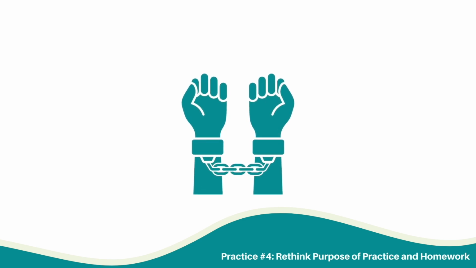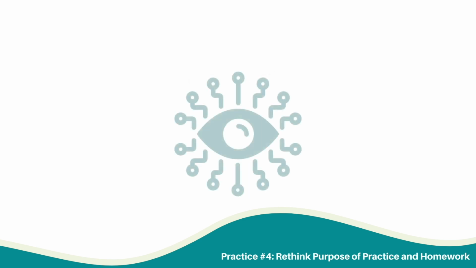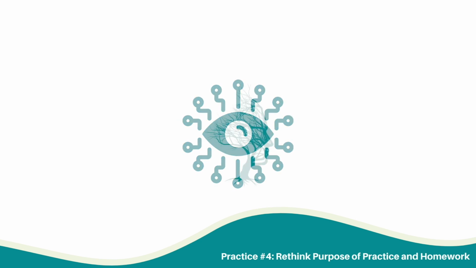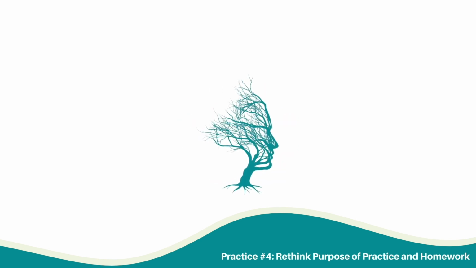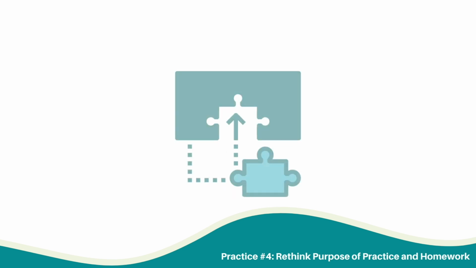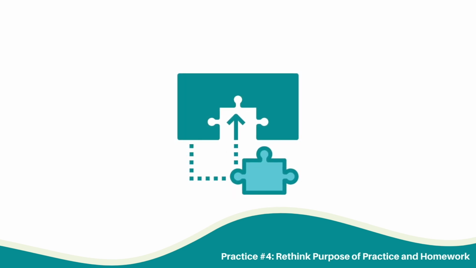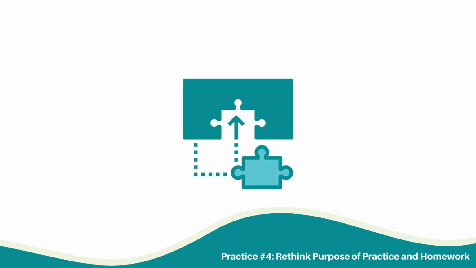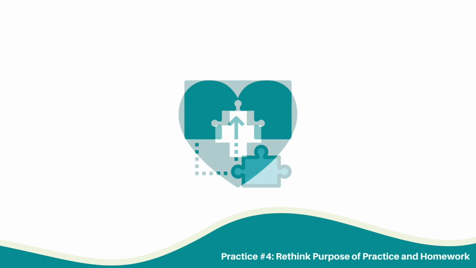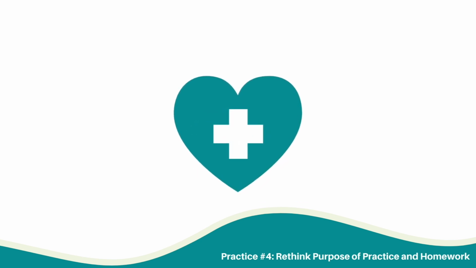When we use homework evaluation as a measure of accountability, we aren't measuring what we think we are measuring. We may learn that a student hasn't completed work, but we have no idea why. Using this method of evaluation doesn't take into account our students' lived experiences, nor does it communicate compassion and care.